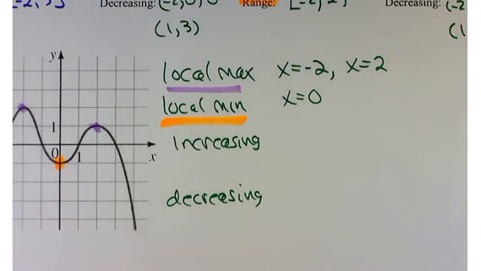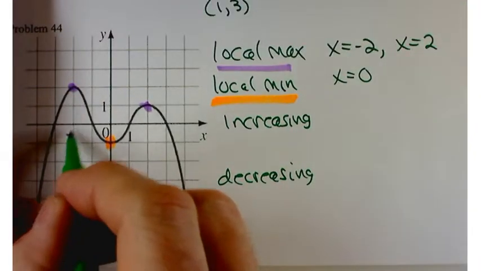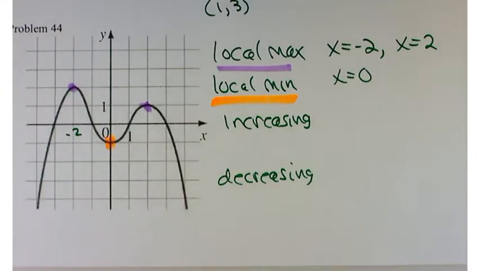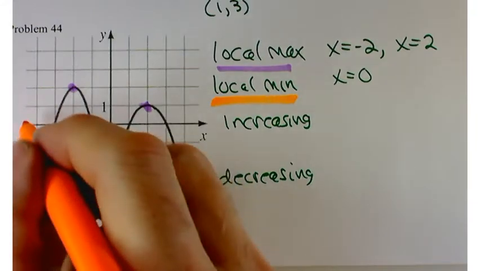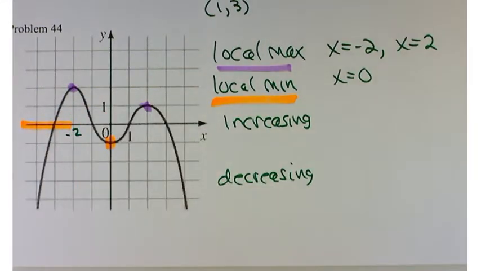Okay, so let's take a look here. This point is at -2, and what's happening to the function until we get to this point? So, say from here to -2, what's the function doing? It's increasing.